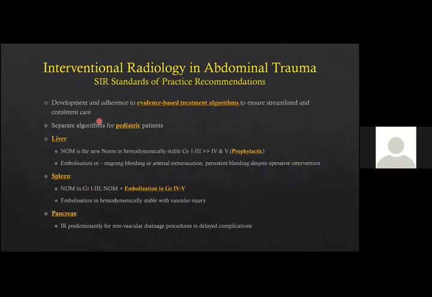So these are the SIR, Society of Interventional Radiology, Standards of Practice recommendations. All departments with IR for abdominal trauma should have an evidence-based treatment algorithm for managing patients with abdominal trauma. And there have to be separate algorithms for pediatric patients. For liver interventions, non-operative management is the new norm in hemodynamically stable patients, predominantly in grade 1 to 3 injuries, and also in a few selected cases of grade 4.